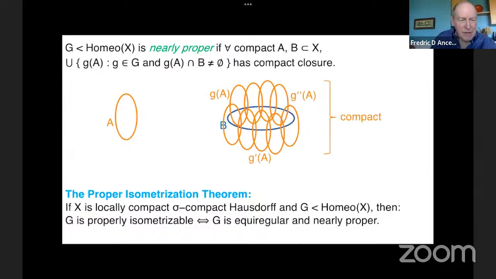Now you may notice that the condition that the orbit space be paracompact has disappeared, but it's in there. It's just that the hypothesis implies that the orbit space is paracompact. So this is sort of a corollary to the previous theorem if you have the right information in hand.